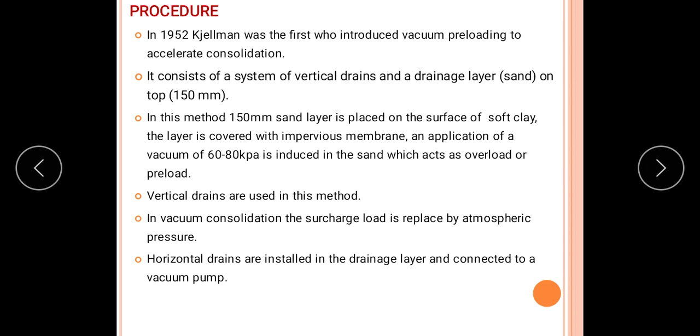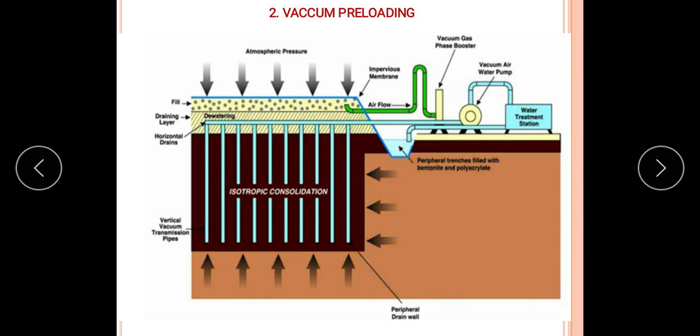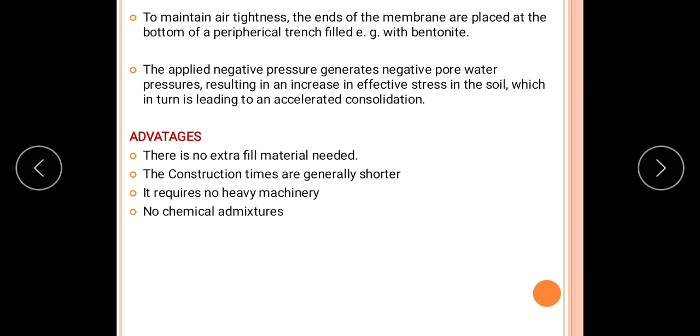Horizontal drains are installed in the drainage layer and connected to the vacuum pump. So this is a horizontal drainage layer of sand, and a pipe is installed that will be connected to the vacuum pump. To maintain air tightness, the ends of the membrane are placed at the bottom of a peripheral trench filled with bentonite.